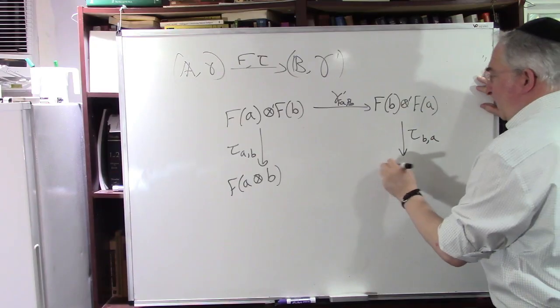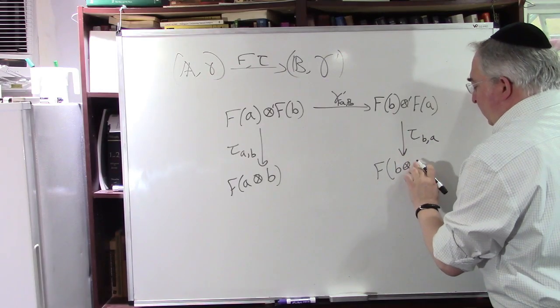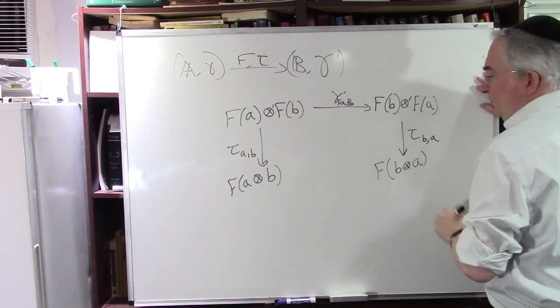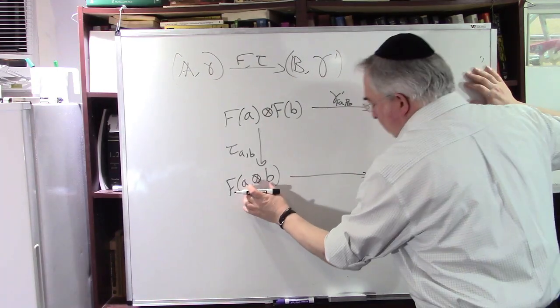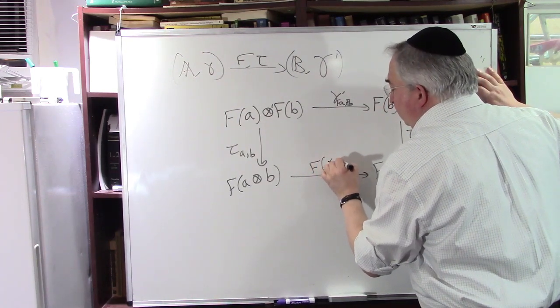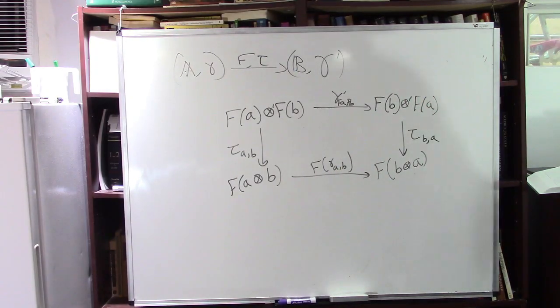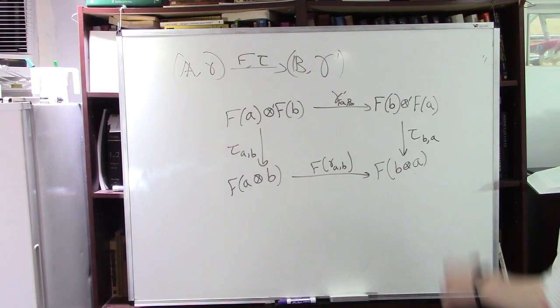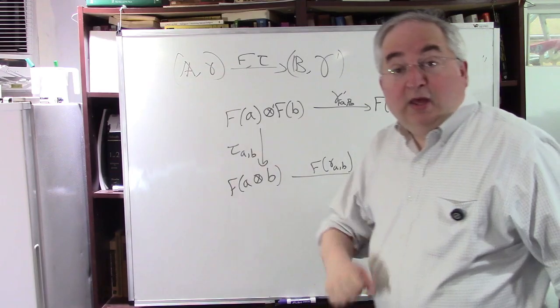And so this becomes F of B tensor A. Notice AB here, BA here, so this is F of gamma of A comma B. So by respecting it, we mean that this should commute.